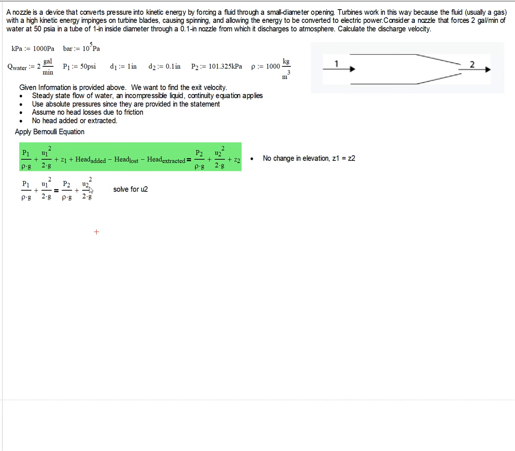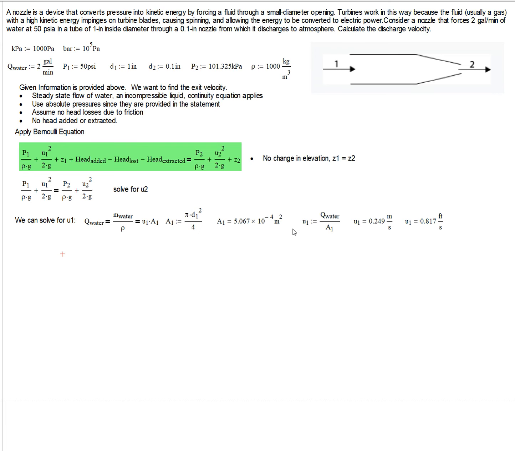So what we need to do is figure this out. We know the pressures, of course, so those are known. This is our unknown, U2, but U1 currently is unknown, and so we're going to have to figure out how to do that. There are several ways that we can do that. We can directly solve for U1 because we are told what the volumetric flow rate is: 2 gallons per minute.